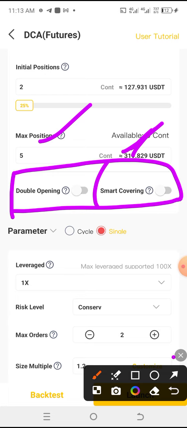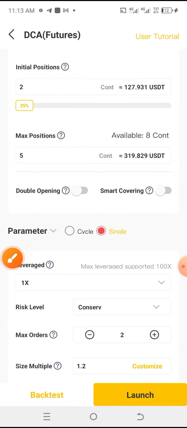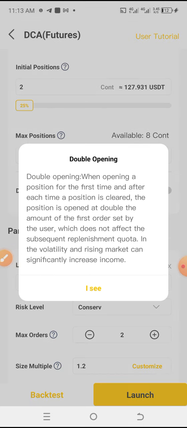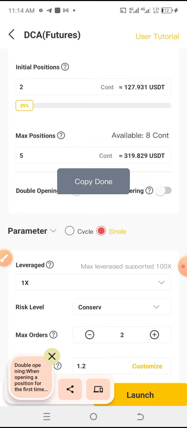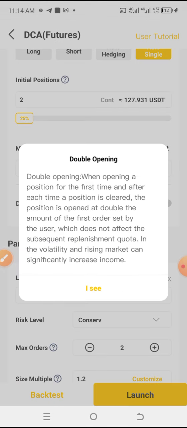Now double opening, let's check what the system says about it. It says double opening: when opening a position for the first time, and after each time a position is cleared, the position is opened at double the amount of the first order set by the user, which does not affect the subsequent replenishment quota.